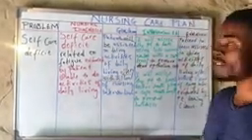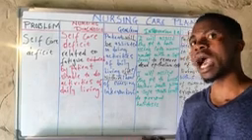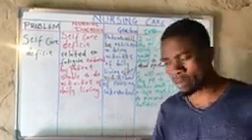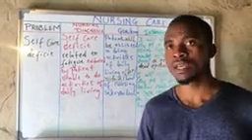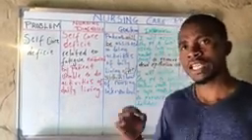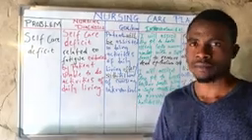When you're writing the intervention during the final exam, you say, I will, because that is on the paper. But when you are in a practical area, you say, I have. Okay? When you are writing in an exam, you say, I will.